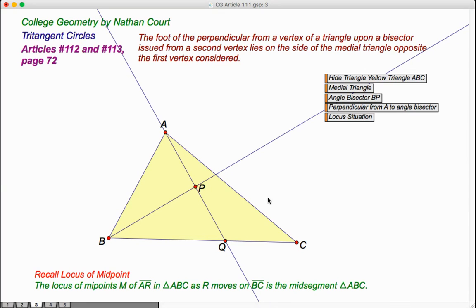Okay? Why is that the case? This is an angle bisector. That means this is congruent to this. So let's put that one. Angle 1 is congruent to angle 2.